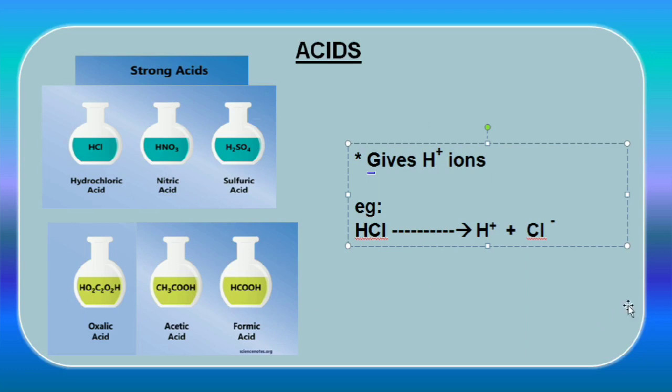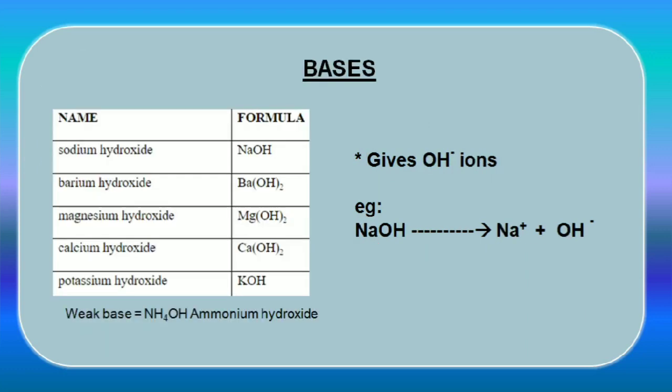And next, about bases. Bases on dissociation give OH minus ions. Usually the base name ends with the suffix hydroxide. OH means hydroxide. So the examples of bases are sodium hydroxide, barium hydroxide, magnesium hydroxide, calcium hydroxide, potassium hydroxide.